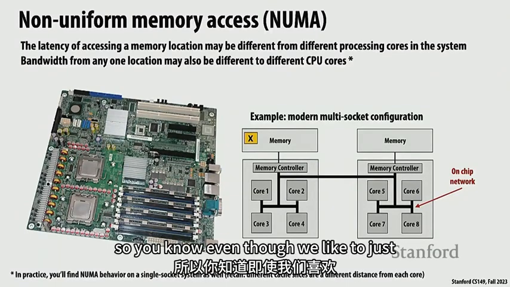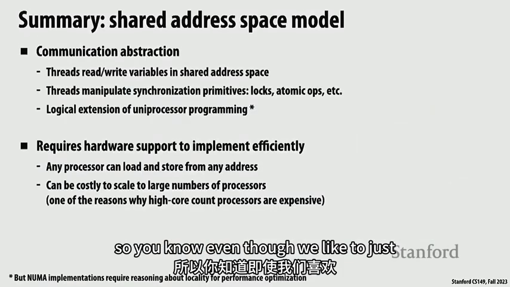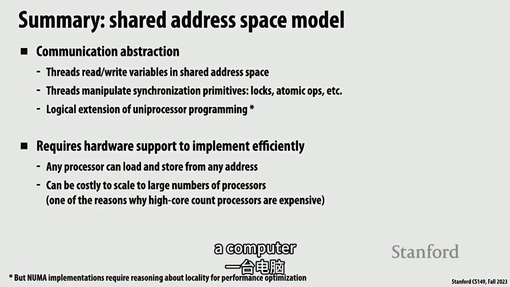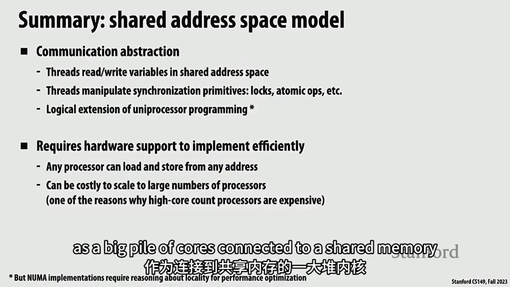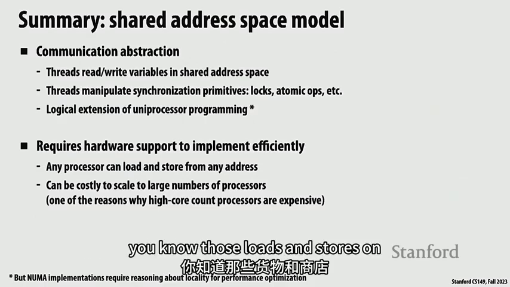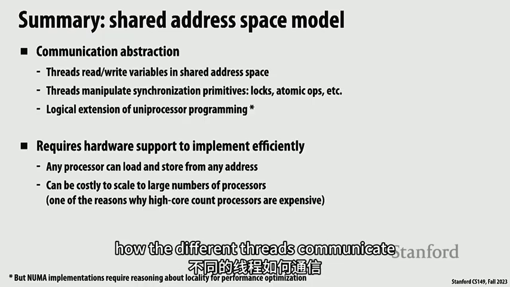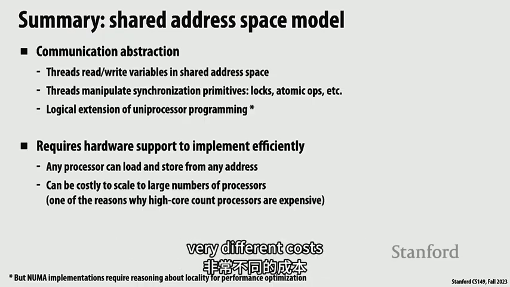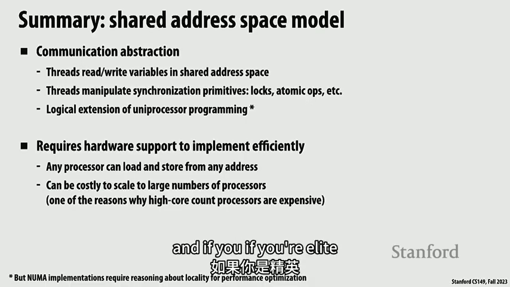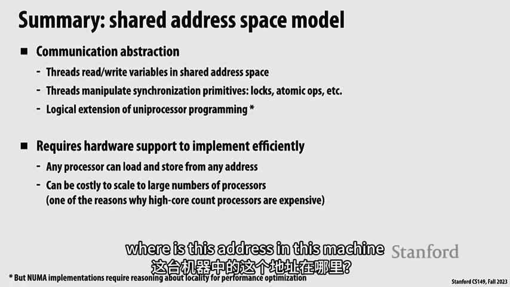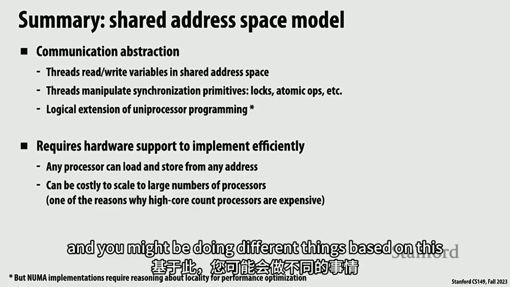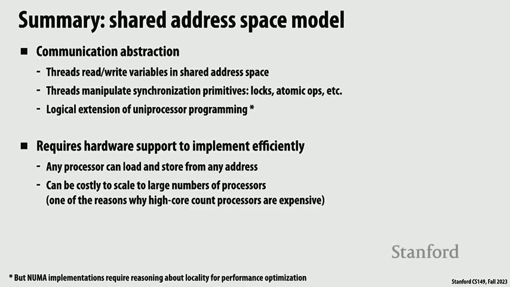So, even though we like to just basically think of a computer as a big pile of cores connected to a shared memory, those loads and stores on how the different threads communicate can have very, very different costs. And if you're elite, you're actually asking, where is this address in this machine? And you might be doing different things based on those costs.